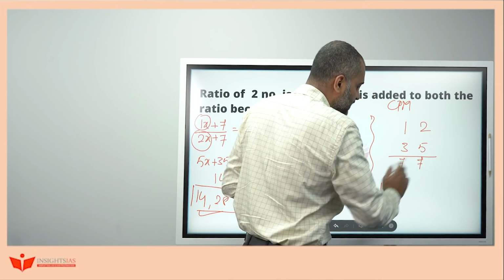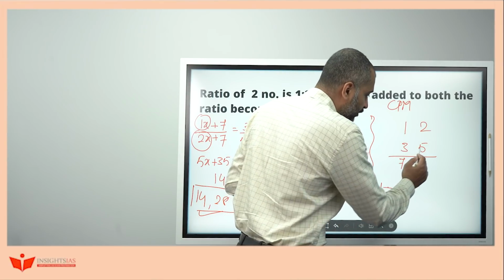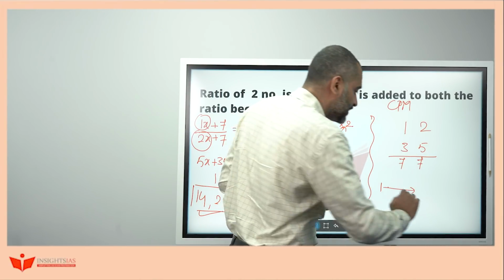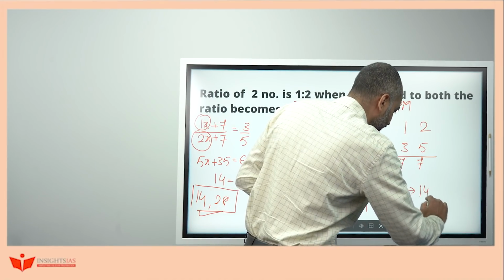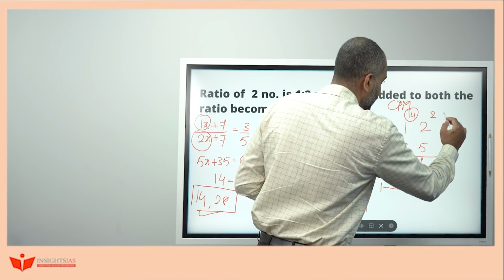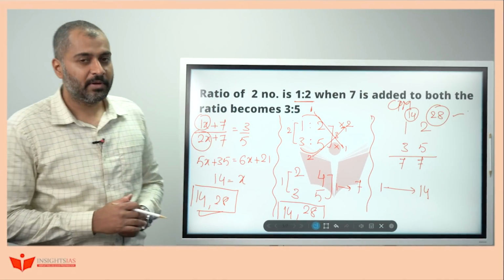Difference of 5 and 6 is 1. And 7 into 3 is 21, 7 into 5 is 35. Difference of 35 and 21 is 14. If one part is 14, this is 2 parts, 28. Okay, CPM, the most effective method.